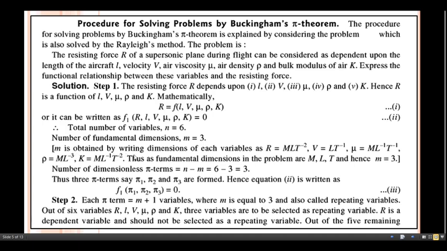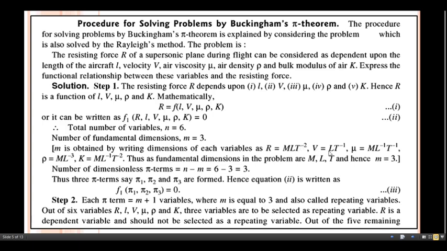The dimensions are obtained by writing the dimensions of each variable. R is the resisting force, so force we know has dimension M L T raised to minus 2.